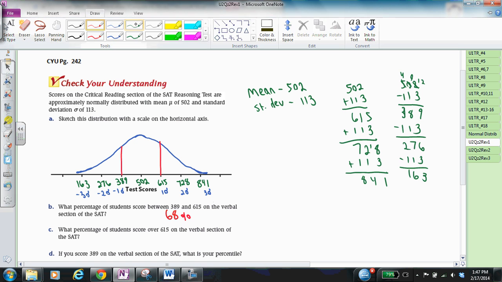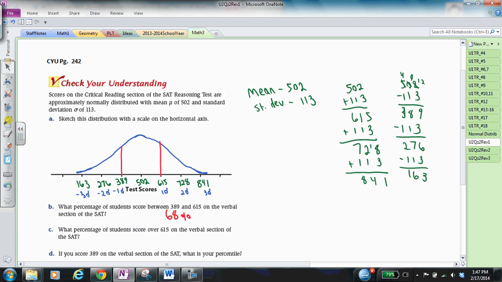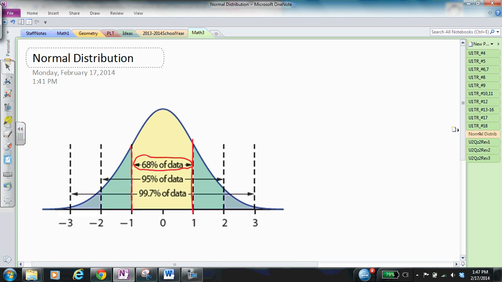Now, what percentage of students score over 615 on the verbal section? So we're looking at this range right here, over 615. So that's above 1 standard deviation. So let's look back at our guiding light here. We're looking at this section, above 1 standard deviation. Let's think of it this way. We know that that's the point of symmetry, so we know that this whole side is 50%.